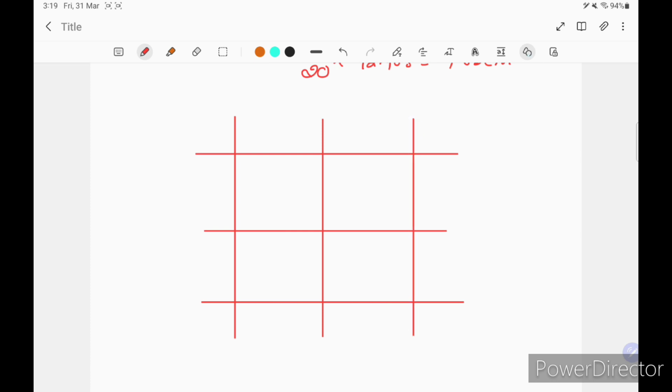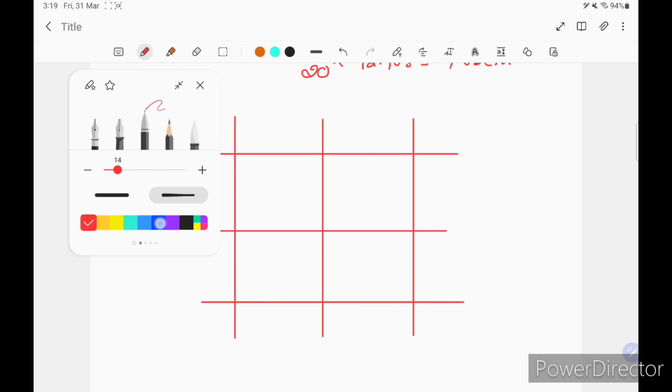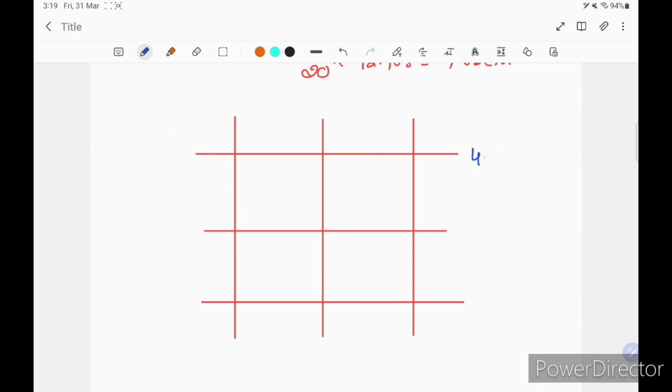But when you are making this diagram, I just give the names: this is 41 north, this is 40 north, this is 39 north. Okay, 45 east, 46 east, 47 east.